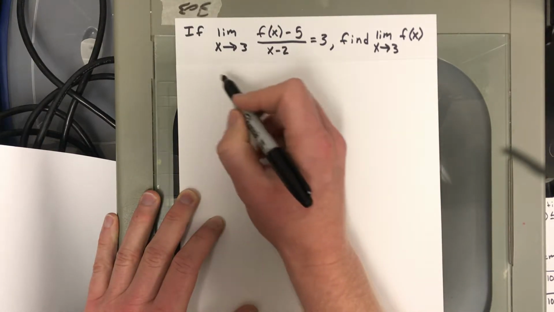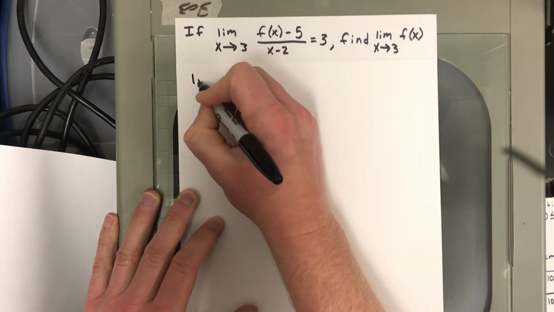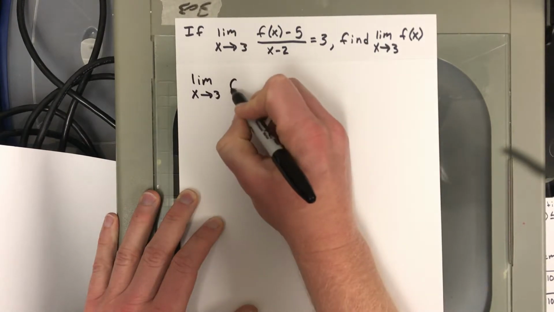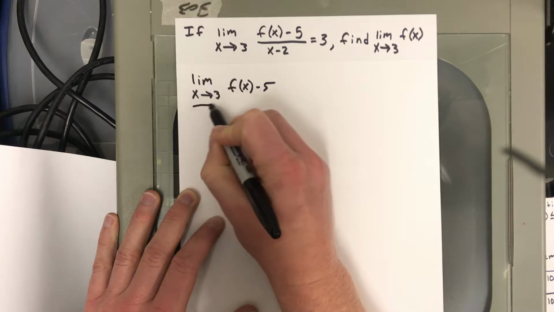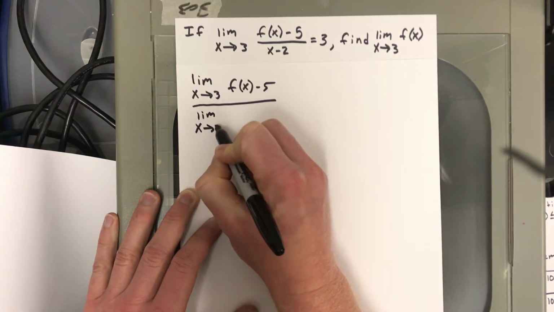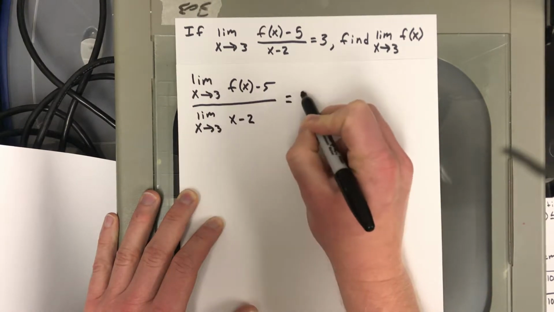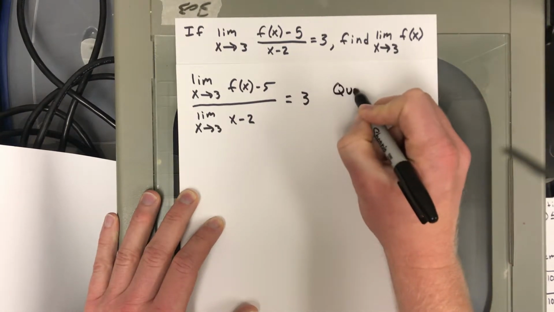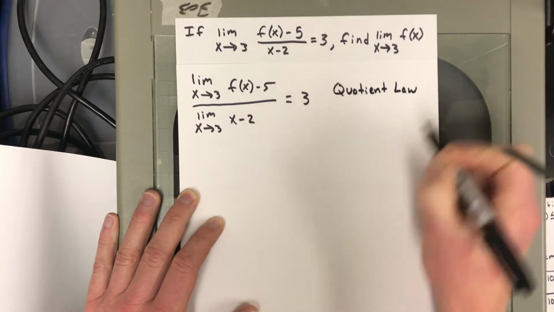So the quotient limit law says that I can say limit as x approaches 3 for the top, which is f of x minus 5, and I can divide that now between the limit as x approaches 3 of x minus 2, that equals 3. So that was the quotient law that we just used.